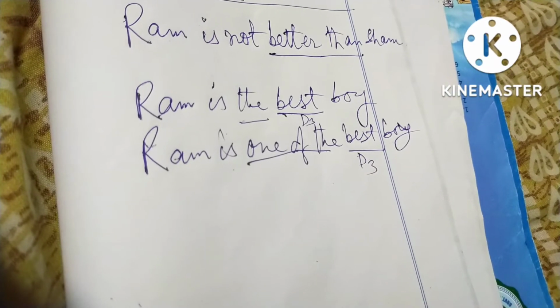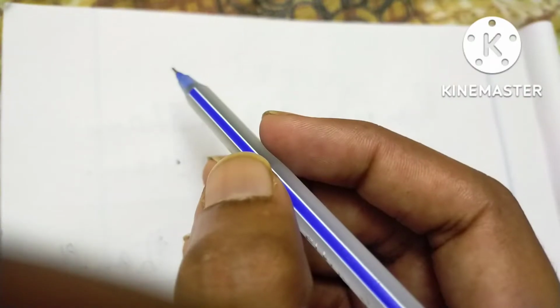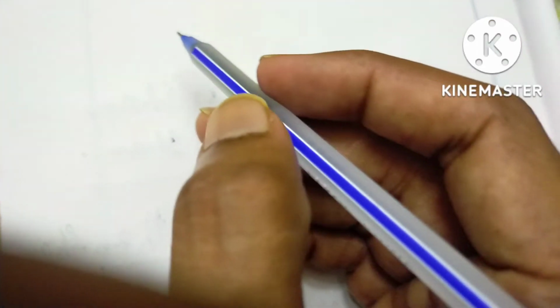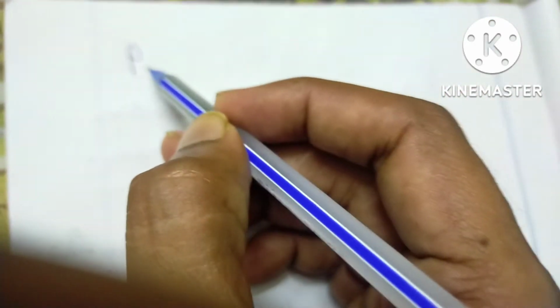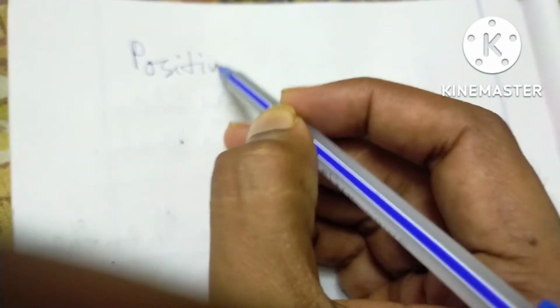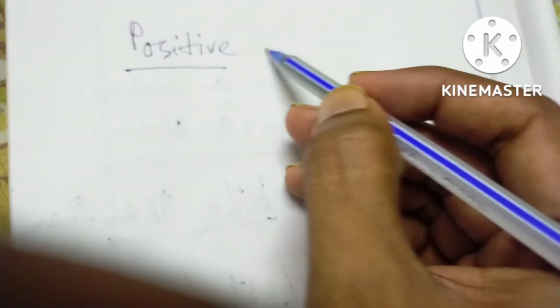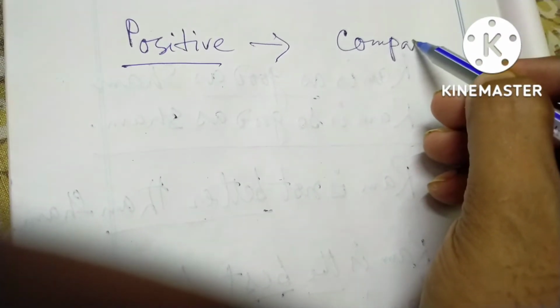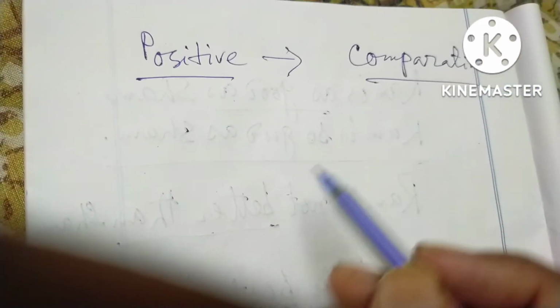So let's start learning how to change positive degree sentences to comparative degree sentences.